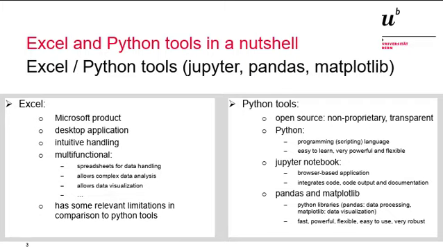And then there are things called packages or libraries that come together with Python and that allow specific functionalities. Pandas, for instance, is a library for data processing, and Matplotlib one for data visualization, libraries that I standardly use. They're fast, powerful, flexible, easy to use, and very robust.